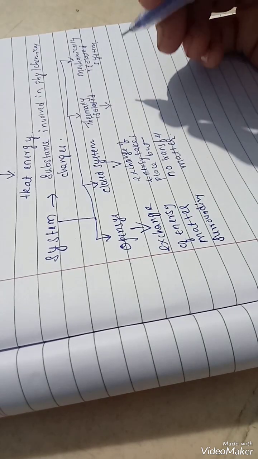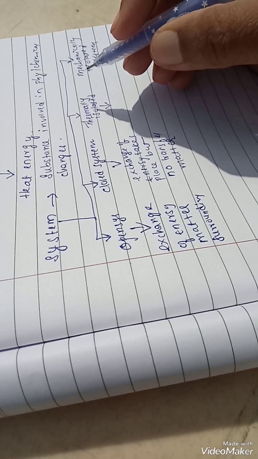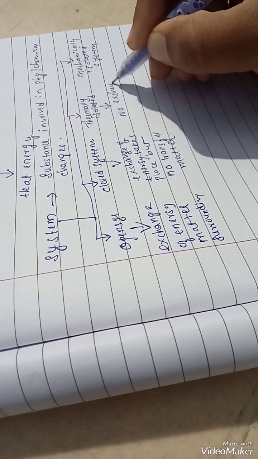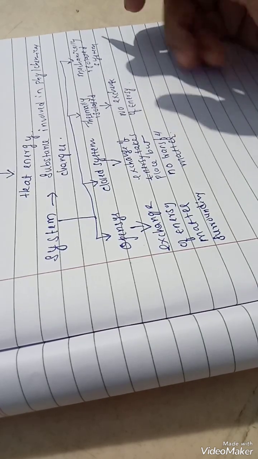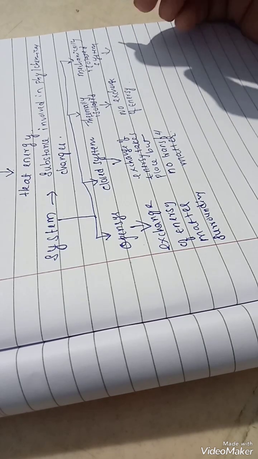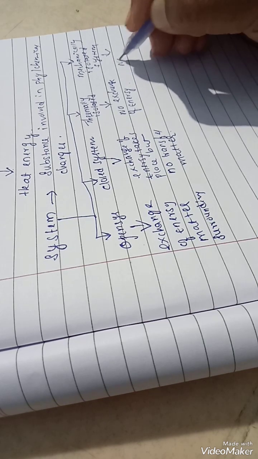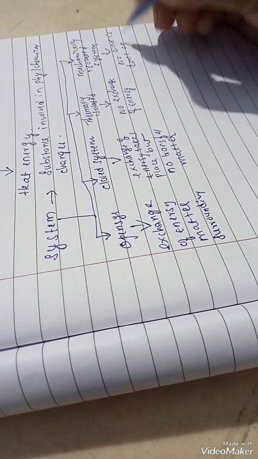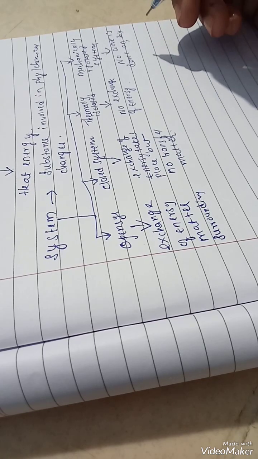Now next, thermally isolated system means here no exchange of energy in form of heat. Heat transfer does not take place, we can say. Mechanically isolated system: here no work is done on the system or by the system.